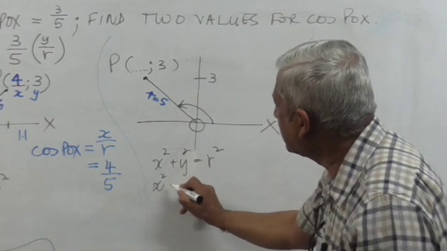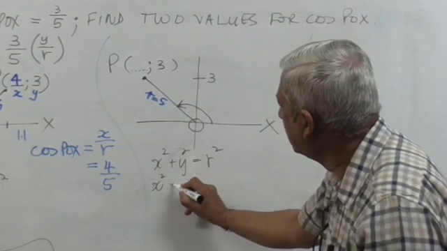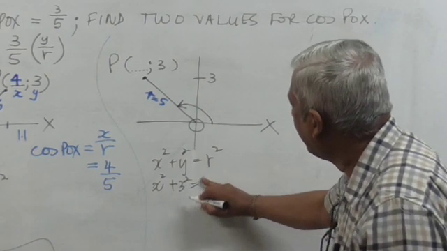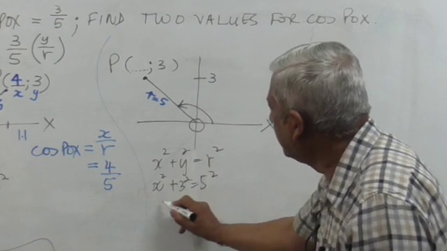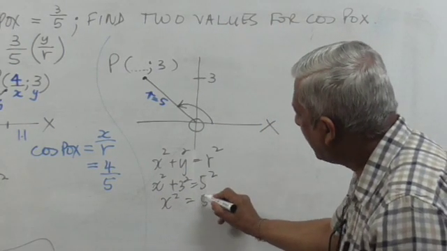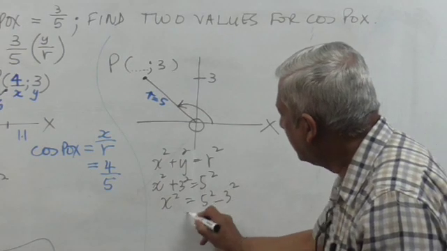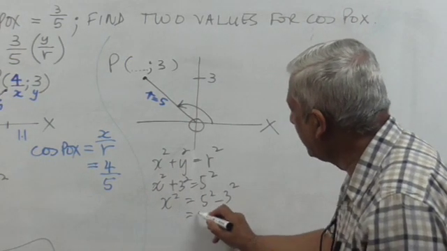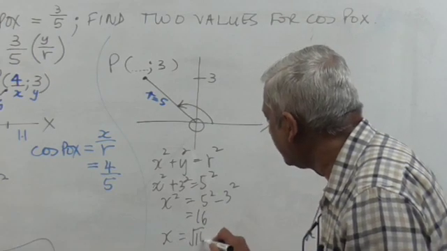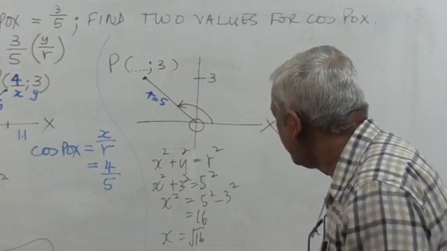We don't know what is x. X squared plus 3 squared is equal to 5 squared. X squared is equal to 5 squared minus 3 squared. It's the same working, but I'm just doing it for you. Right, so x is equal to square root of 16, which is 4.